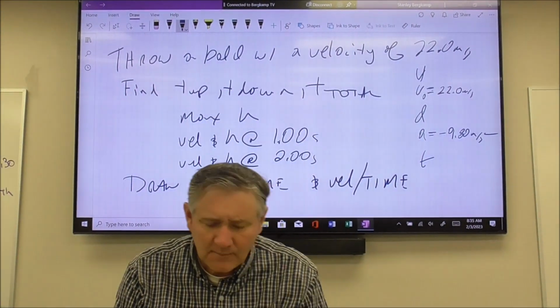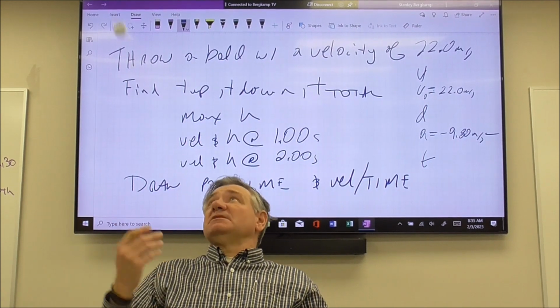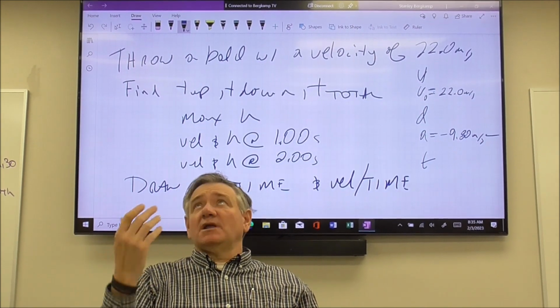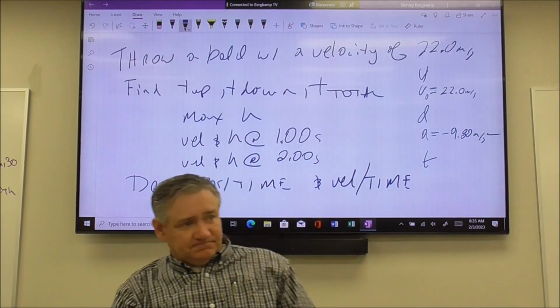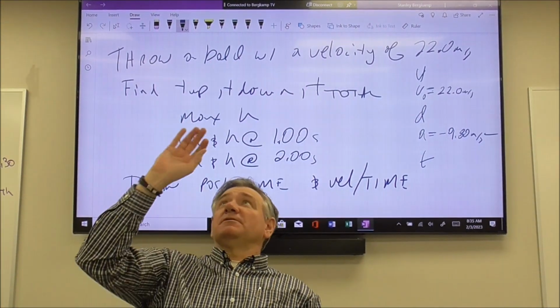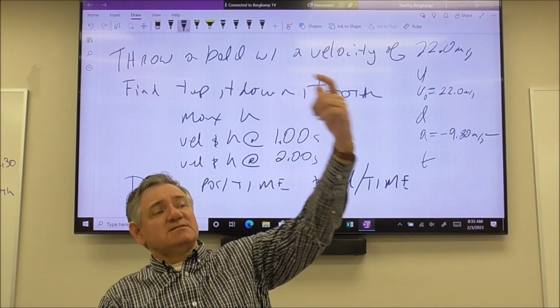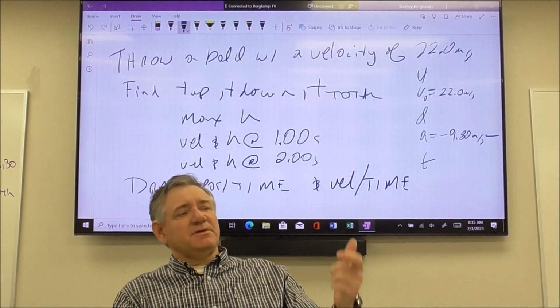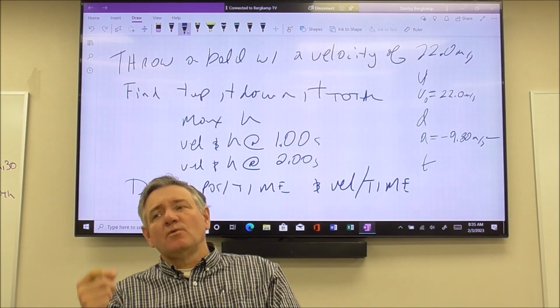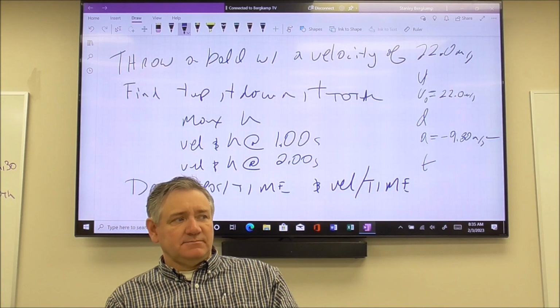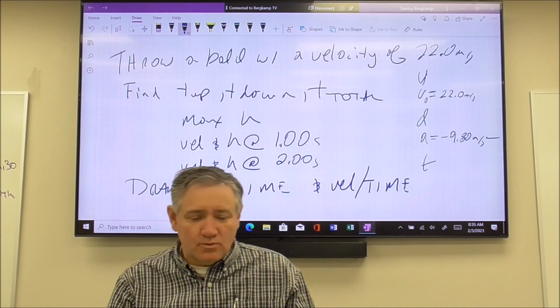Now, let's talk velocities. When I throw this thing up in the air, and it reaches its maximum height, okay, this is going to be important. When it reaches its maximum height, what's the final velocity going to be? 0.